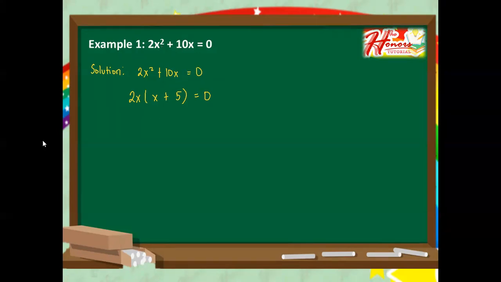How? Please have a line here to separate 2x and x plus 5. And then what we are going to do is to equate 2x to 0. So that is 2x equals 0. And then since there's still a number beside x, we have to eliminate it by dividing both sides by 2.